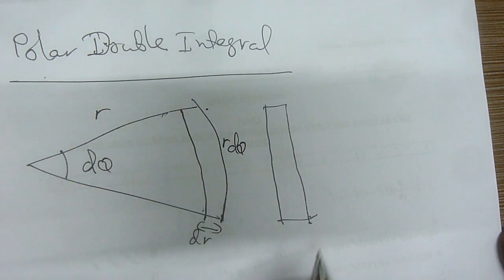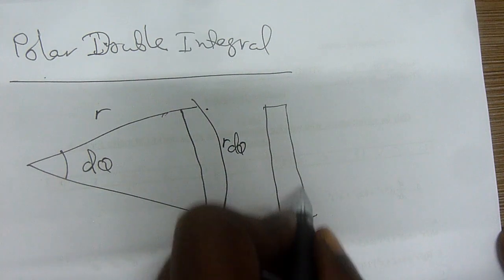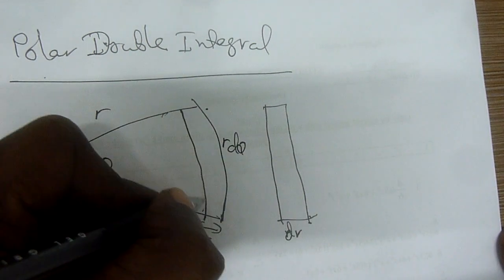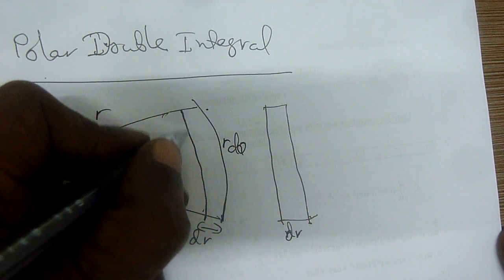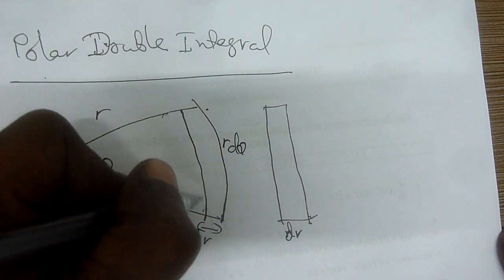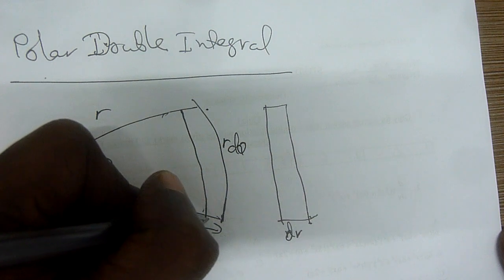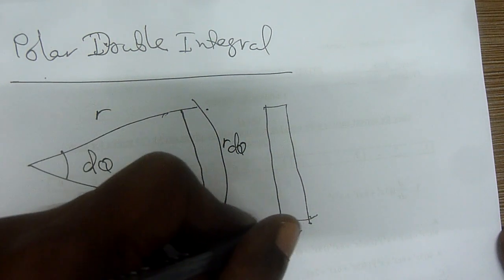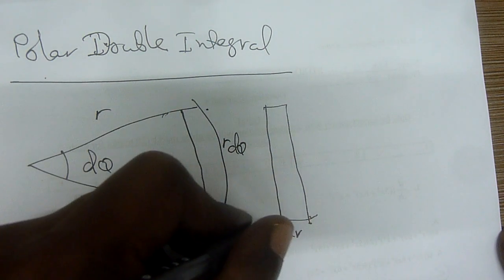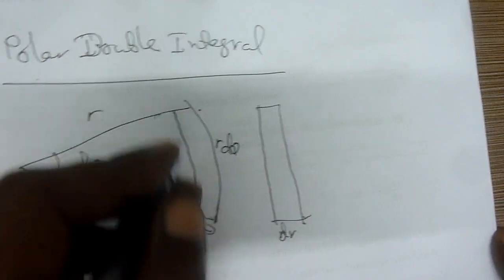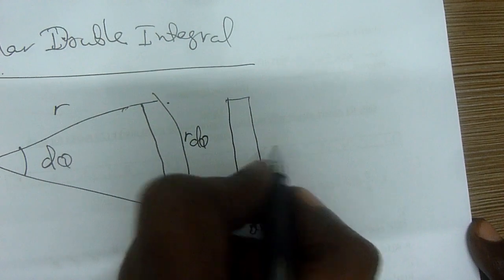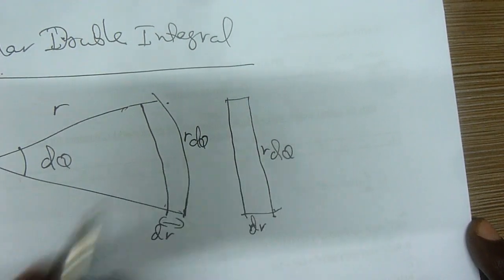Therefore, if we get back to this logic, dr and this straight line here, imagine they are equal. In actual sense you may say no, it's not exactly equal. But I'm saying it's infinitesimally small, so you need to imagine this is a kind of rectangle, with sides dr and r d theta.